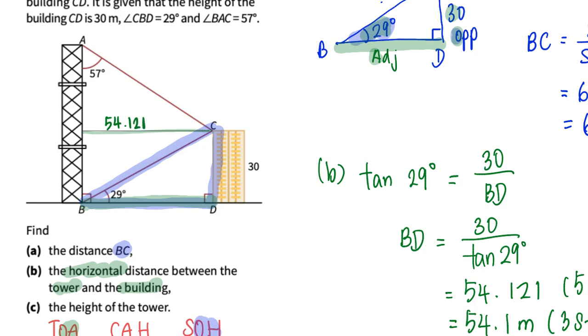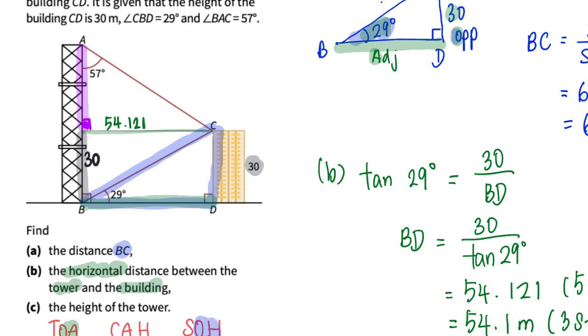So we will have that already. We also know that from the question, this part here is already 30. So if we somehow know this length, we would then find the height of the tower by adding on to 30.